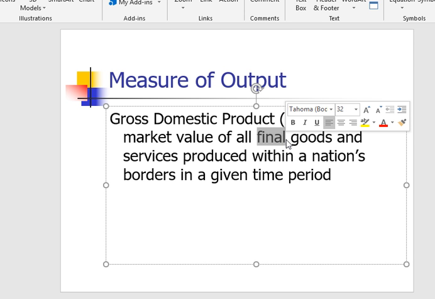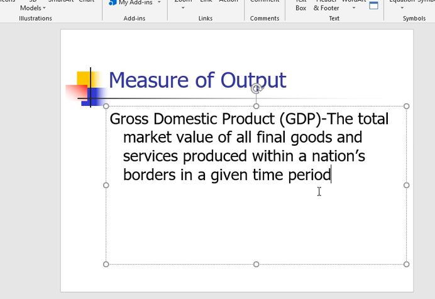A bakery buys some flour and makes it into bread. Flour, in this case, is not a final good. It is what we call an intermediate good. Let me just put it here. Intermediate.